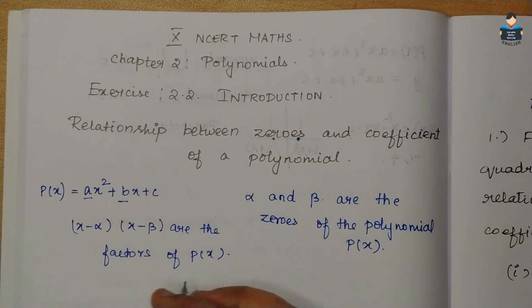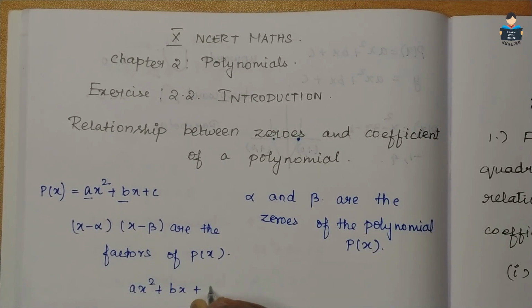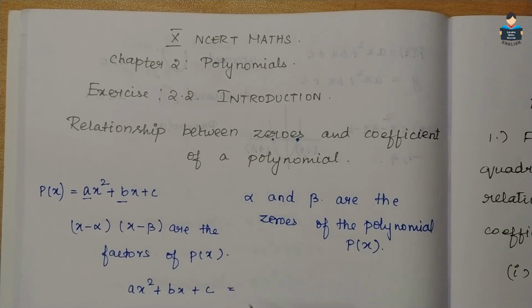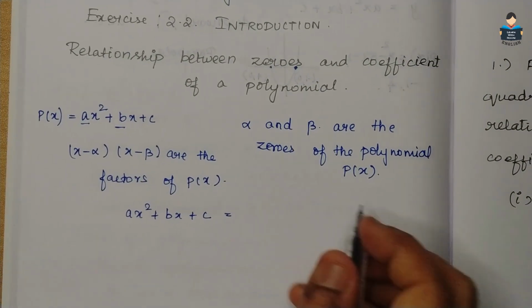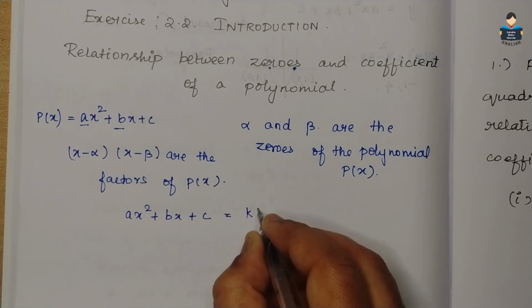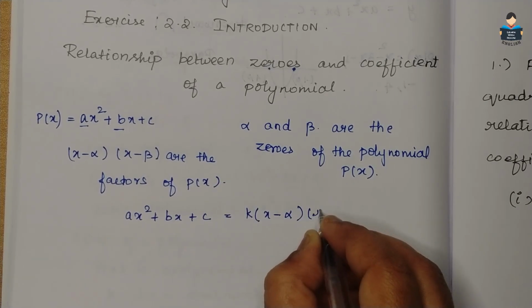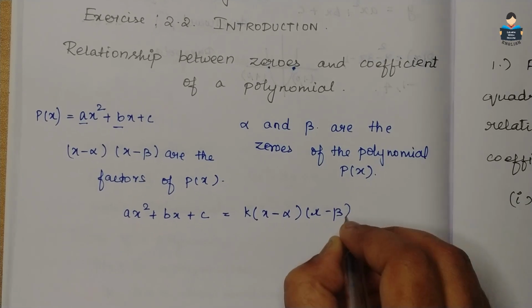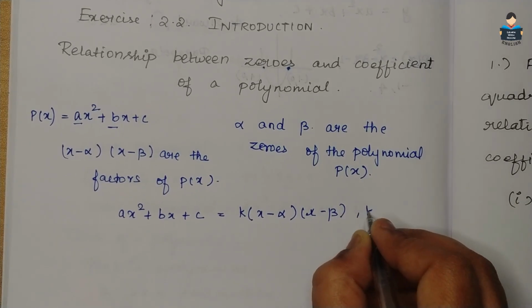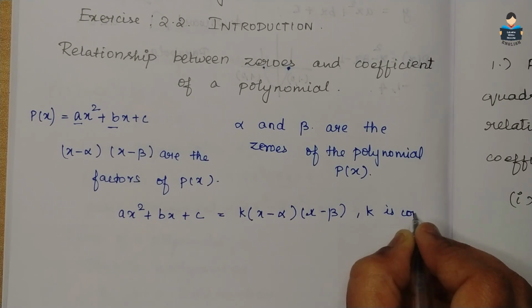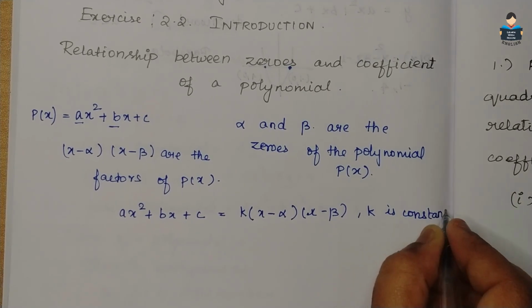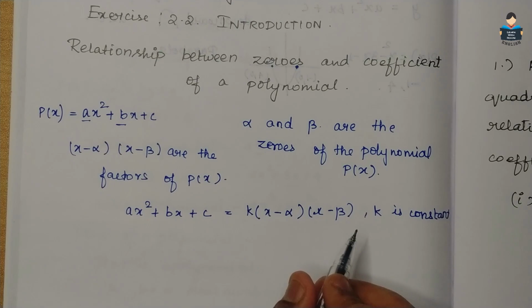So ax square plus bx plus c can be written as k into x minus alpha into x minus beta, where k is any constant value.